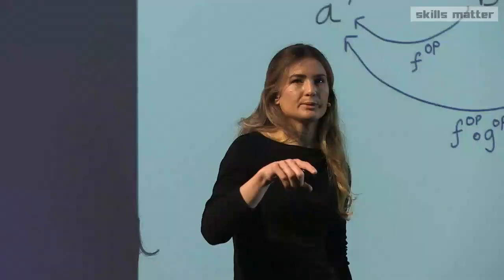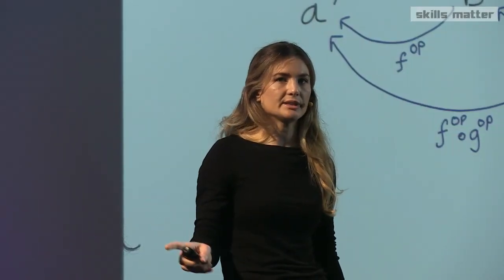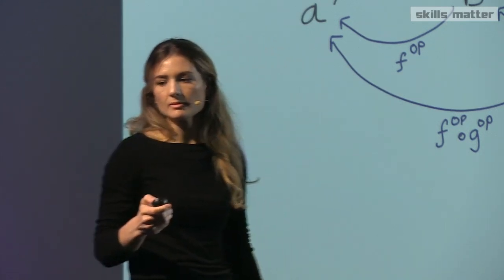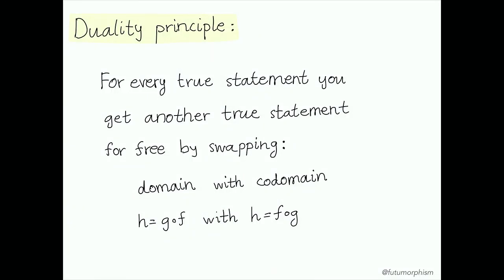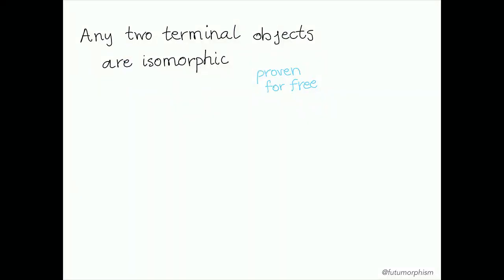So in one case, we get G after F, and in the opposite category, we get F after G. And there is something called the duality principle, which says for every true statement, you can get another true statement by swapping domain with codomain, and H equals G after F with H equals F after G. So basically, swapping all the arrows and reversing the composition direction. So if we said any two initial objects are isomorphic, we can say any two terminal objects are isomorphic and have it proven for free if we proved it for the other case.